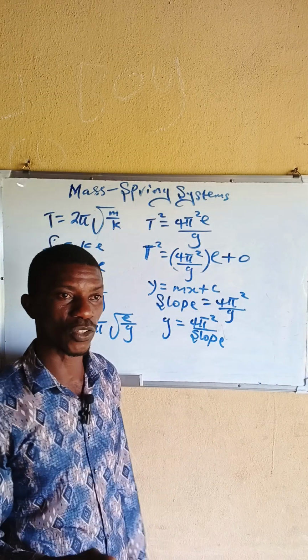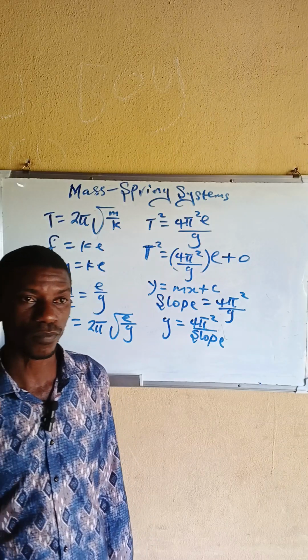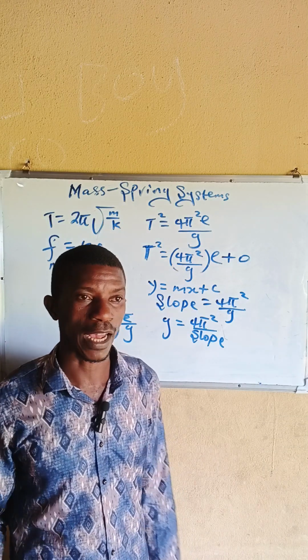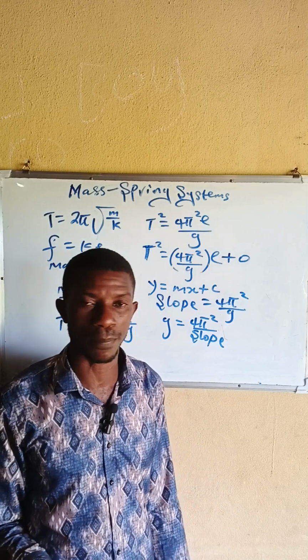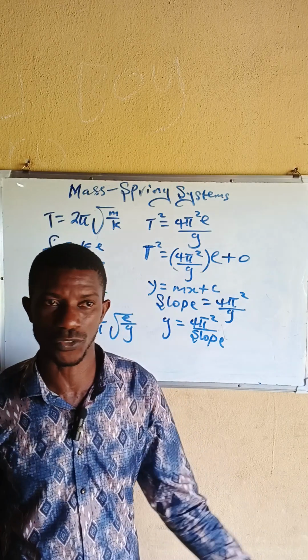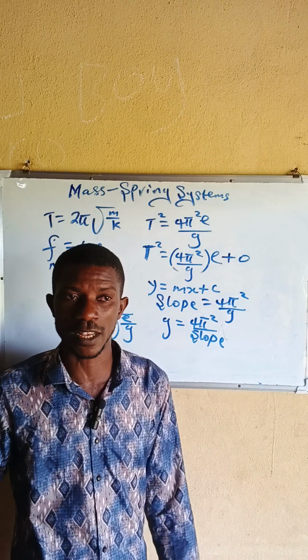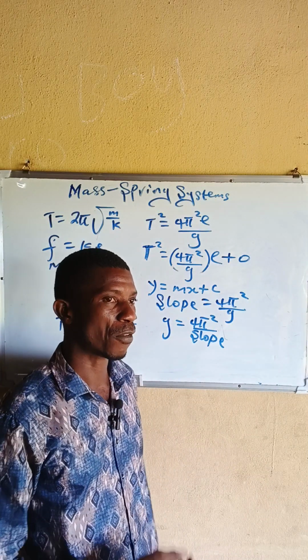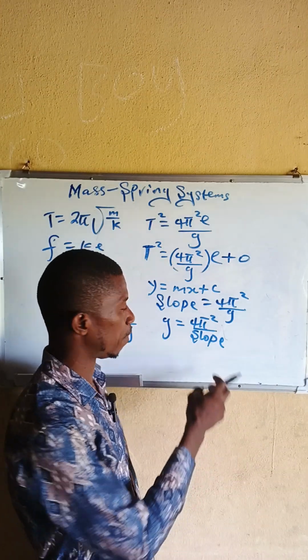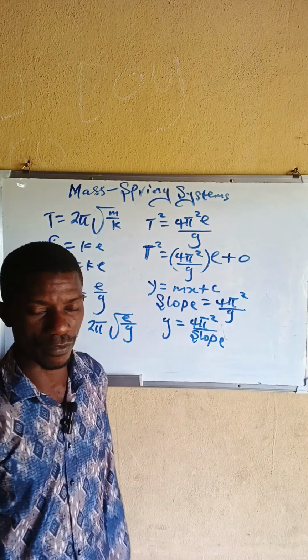And mind you, the acceleration due to gravity should be about 9.8, which is approximately 10 meters per second square. So it should be within that range. That is the aim of the experiment, maybe to determine the acceleration due to gravity for an oscillating body.